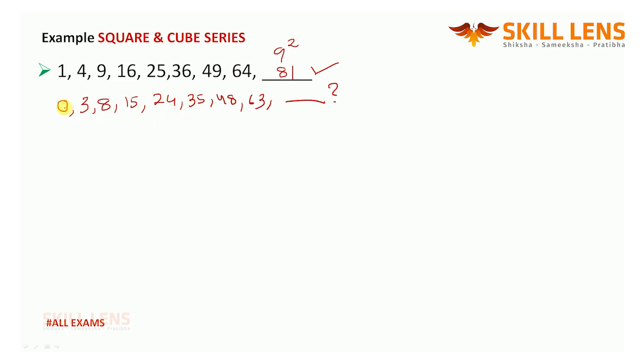You can do this with the difference also, but can I write this as 1 square minus 1, which is 0, 2 square is 4 minus 1, which is 3, 3 square minus 1, which is 8, 4 square minus 1, which is 15, 5 square minus 1, which is 24. On the same note, 8 square minus 1 will give you 63. So next would be 9 square minus 1, which is 81 minus 1.